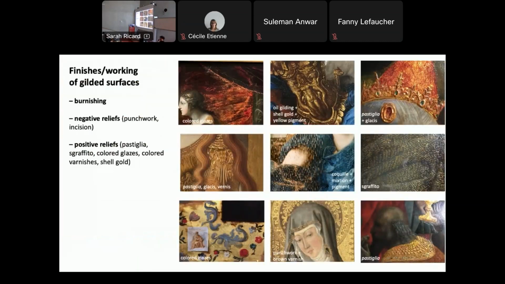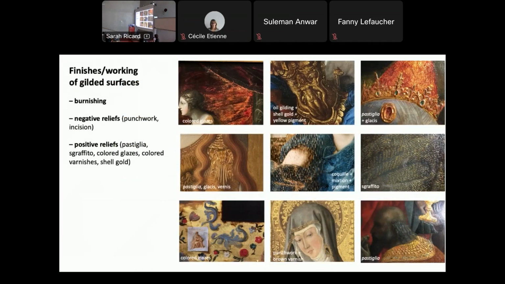Now, on top of these three techniques, you also have a vast range of finishes, a vast range of working of the surface that can be applied. Either in the practice of the burnishing that can be done in very different degrees, or in the application of reliefs.